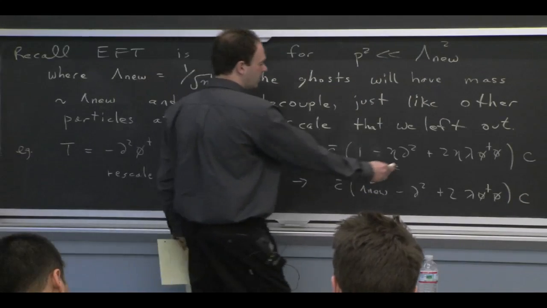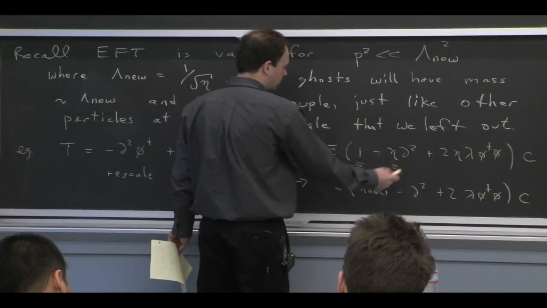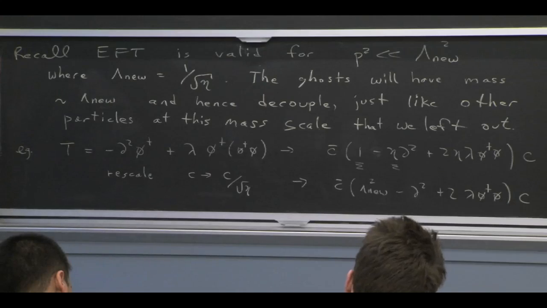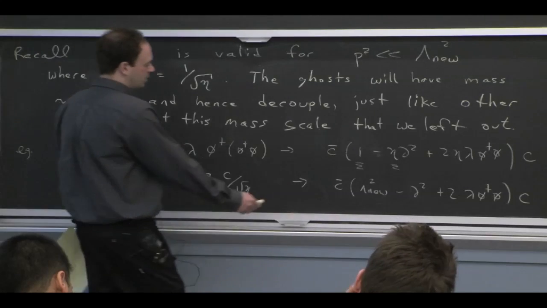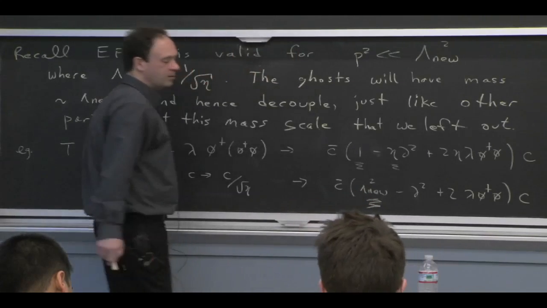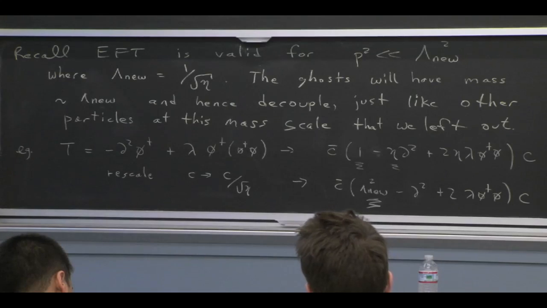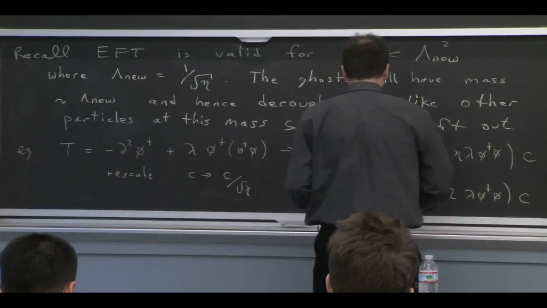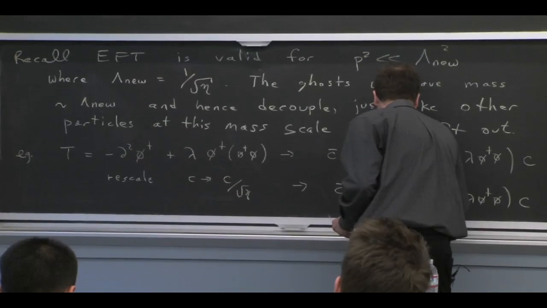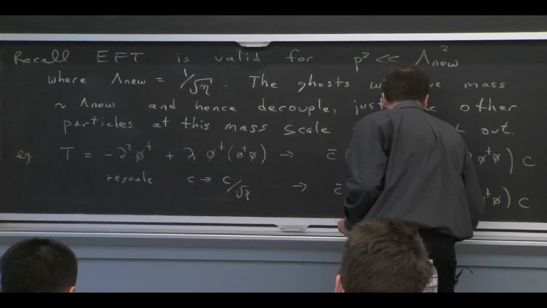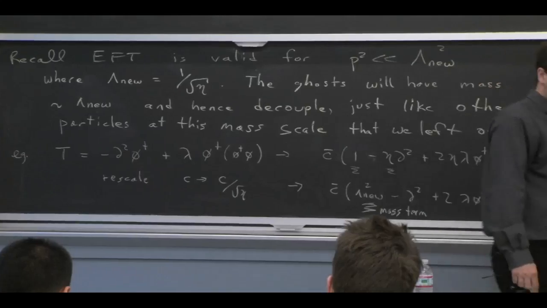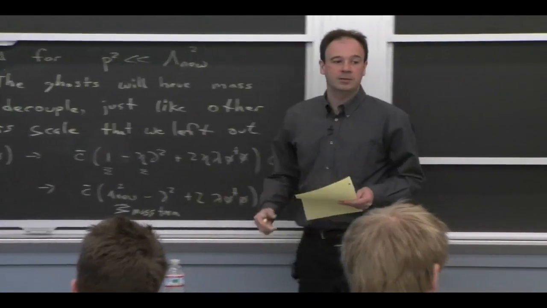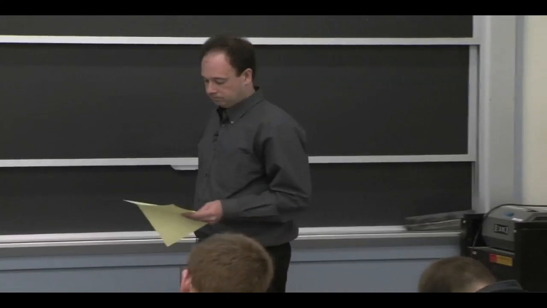So that removes the eta in the interaction term here. It removes it from this kinetic term that happened to be there. And then the only place that the eta is showing up now in this case is in this mass term. But now you see explicitly in terms of these ghost fields that they have mass lambda nu. Okay? And that's just what I was claiming.